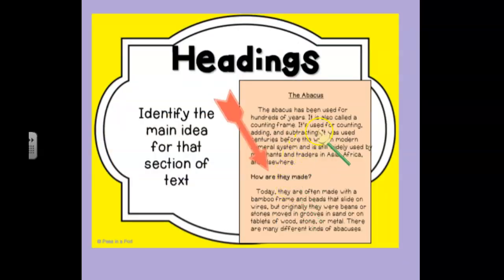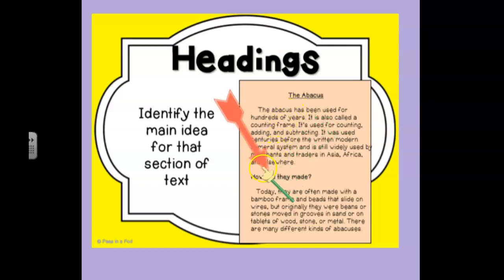All right, the next thing is headings. Remember, the title page has the actual title of the book. Once you go into the book, it looks like a title, sometimes at the top of the page that tells the main idea. That is the heading for that section.